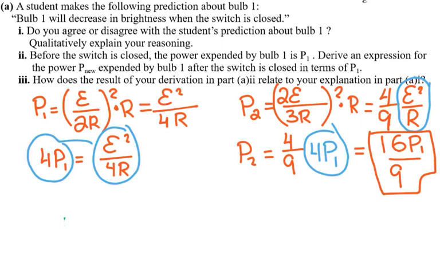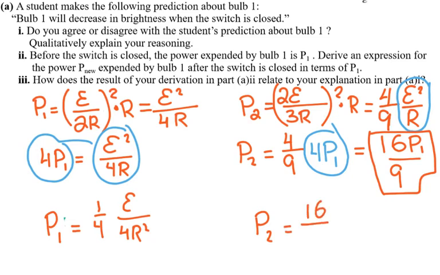So here you can say that P1 was equal to 1/4 EMF squared over R. Actually, let's do it this way. It's 4/9, right? It's this formula. It's 4/9 EMF squared over R and 1/4 EMF squared over R.